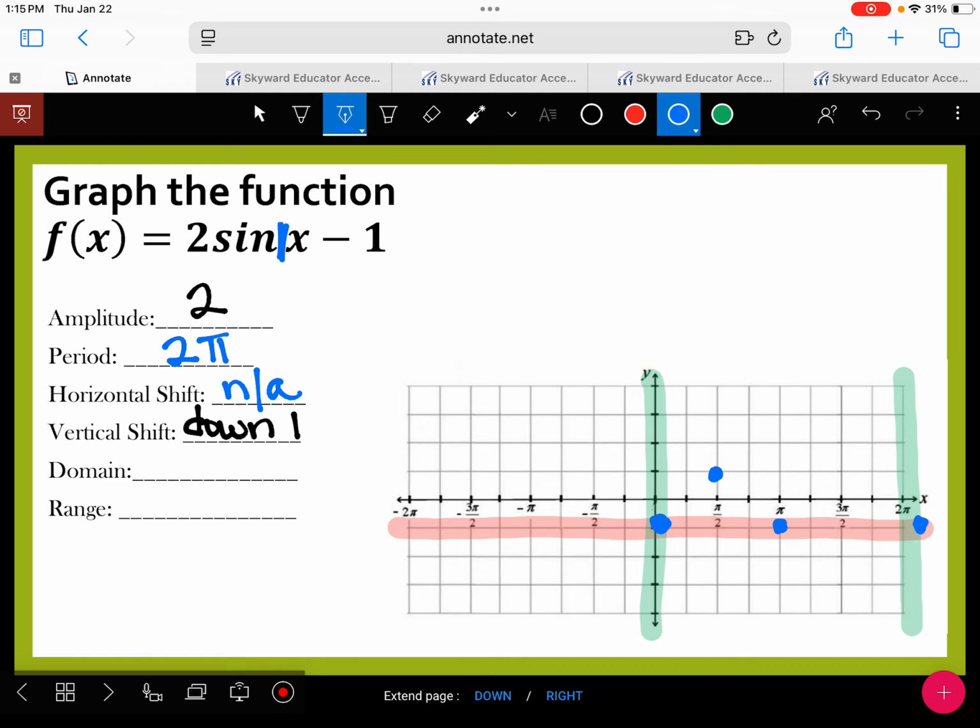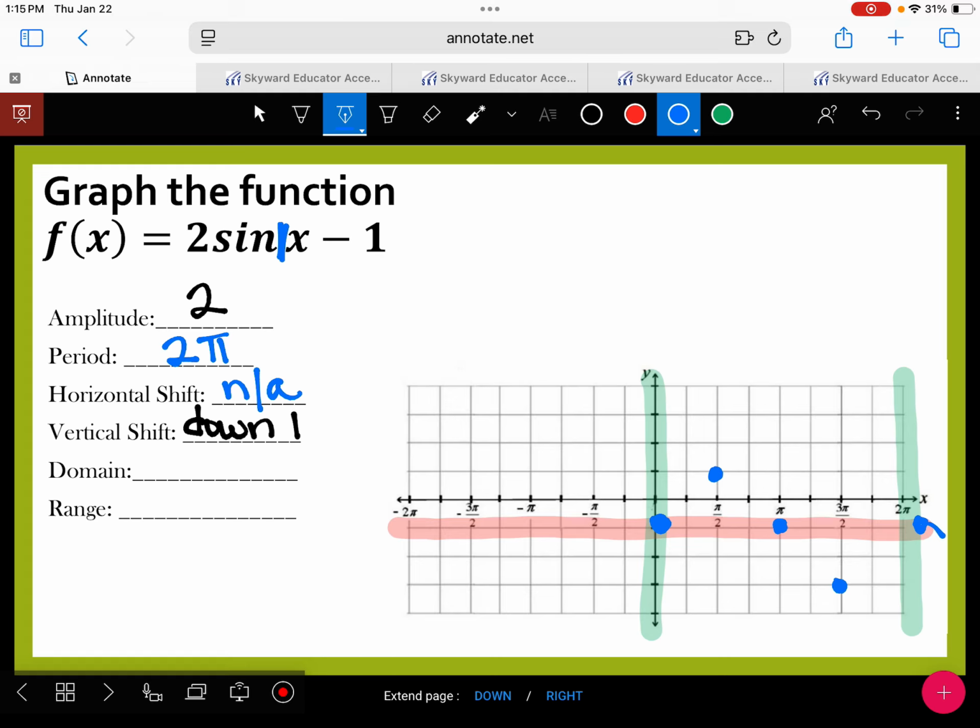Figure out where your middle is, and the amplitude tells you how many hops you go. My amplitude for this one is 2, so I'm only hopping up twice. The last one it was 3, so I hopped up 3 times. Then between here and here, I'm going to hop down 2: 1, 2. Go ahead and put a point. That is your entire sine wave.